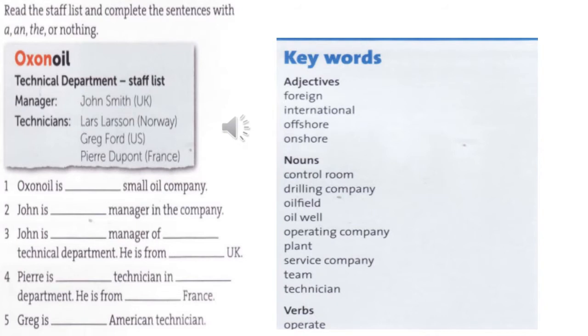Now, read the staff list and complete the sentences with a, the, or nothing. Here we have some information about Exxon Oil. It's a company. Technical department, staff list. Manager John Smith from the UK.